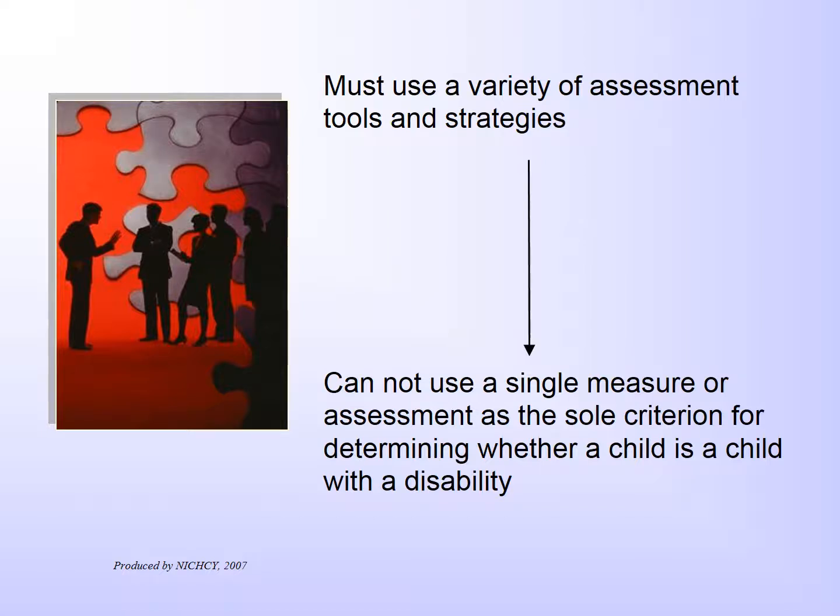This may include observing the child in different settings to see how he or she functions in those environments, interviewing individuals who know the child, and testing the child to evaluate his or her competency in whatever skill areas appear affected by the suspected disability, as well as those that may be areas of strength. Only by collecting data through a variety of approaches and from a variety of sources can an adequate picture be obtained of the child's strengths and needs.